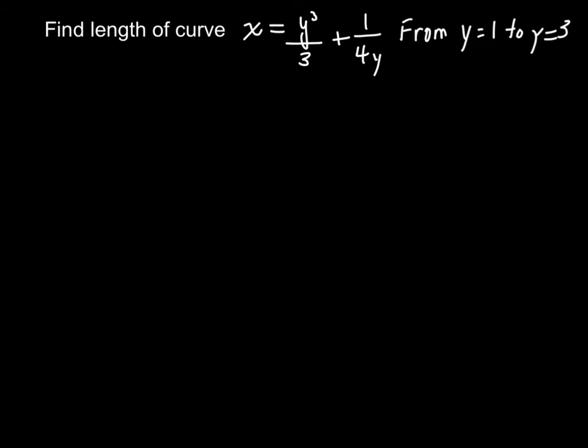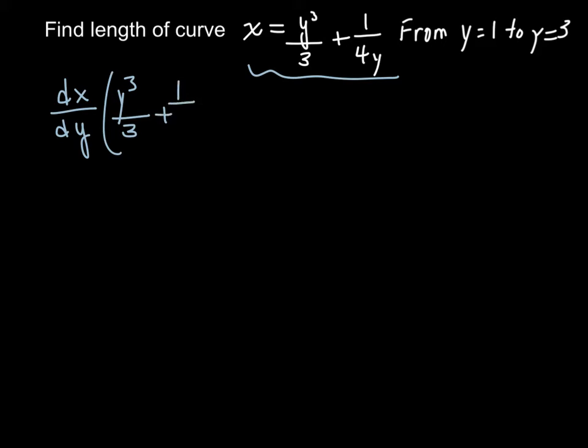We want to find the length of this curve, and using our formula, we're going to take the derivative dx with respect to y of y cubed over 3 plus, let's pull the 1/4 out and put y to the -1 power.